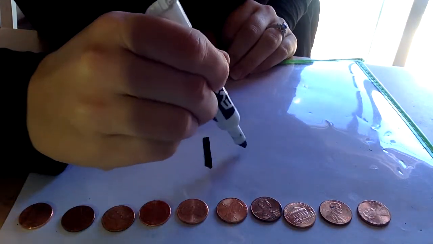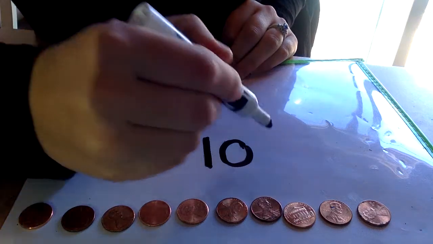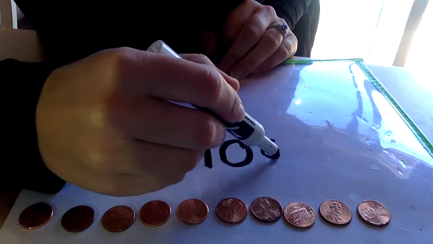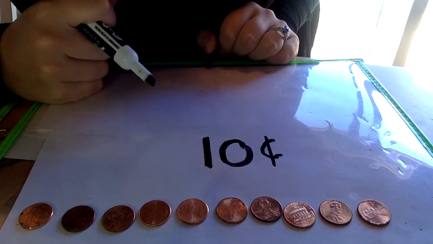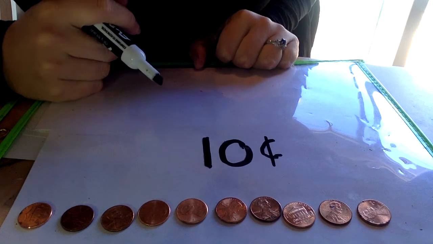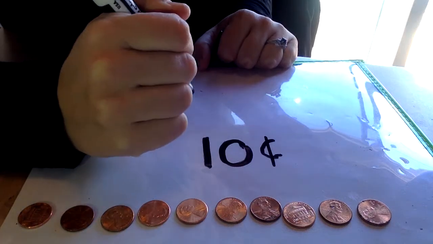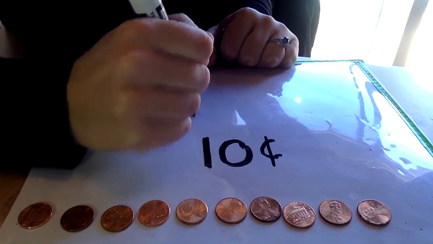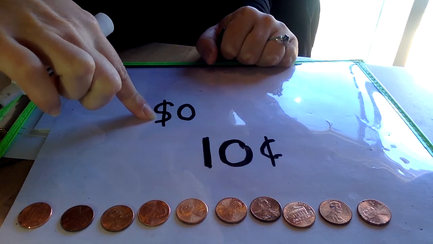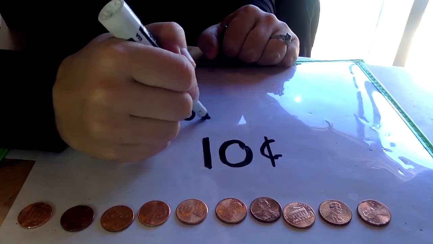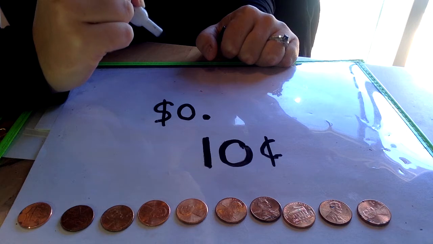We can write 10 cents like this. We write a 10, and then a cent sign is a C with a line through it. So that's 10 cents. There's another fancier way to write 10 cents. We could do $0. That's a dollar sign. It's an S with a line through it. And it's called a decimal point.